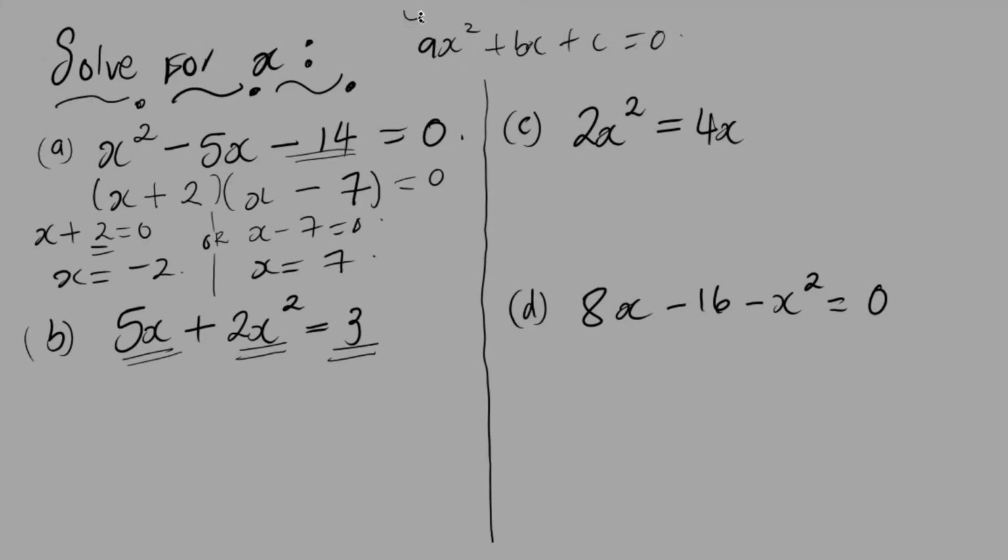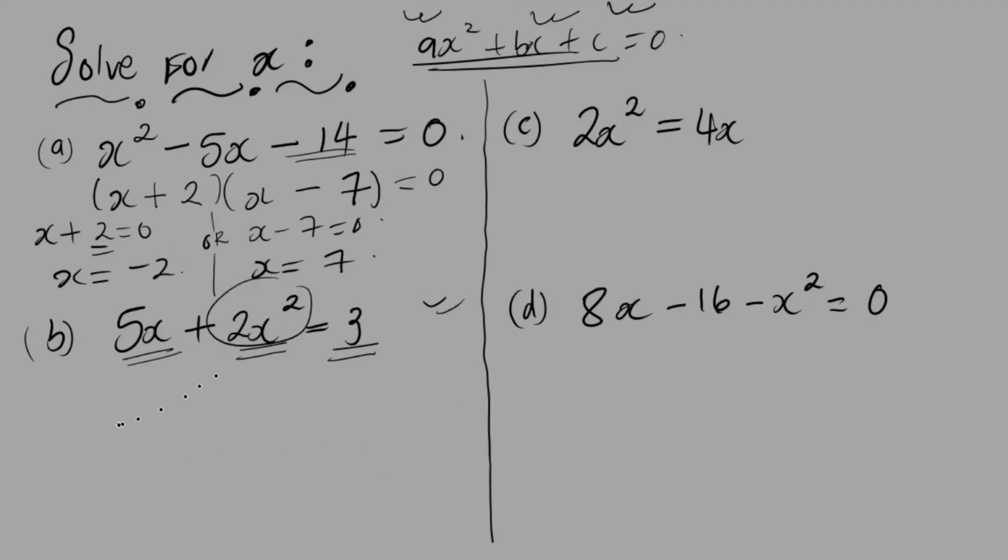We want to start with the highest exponent term, then we go to the variable with exponent 1, and then we go to the constant. We need it to be in this format because in this question here it's not in the format we want. So we organize that.